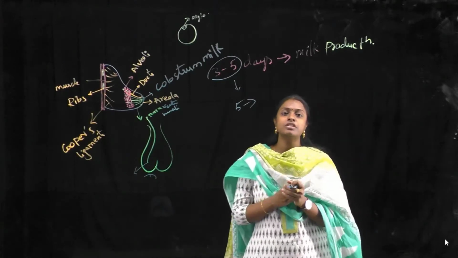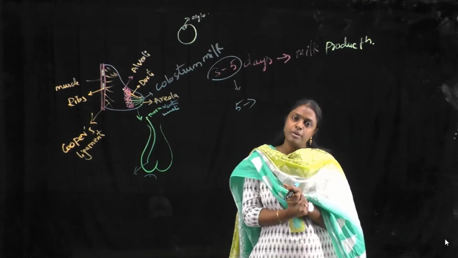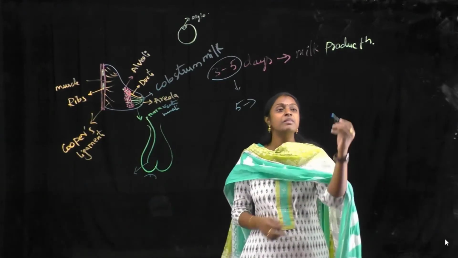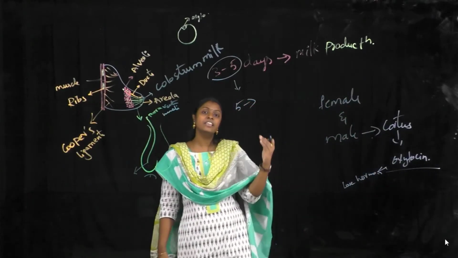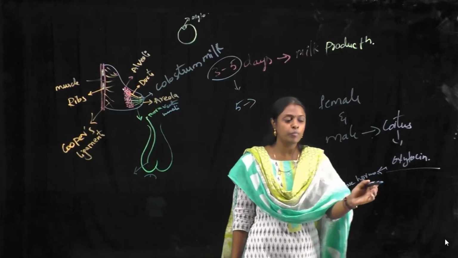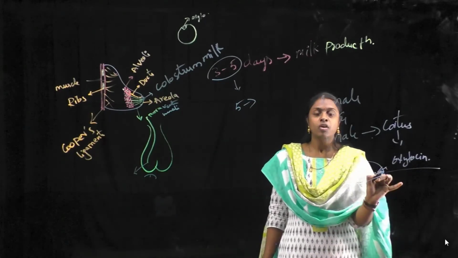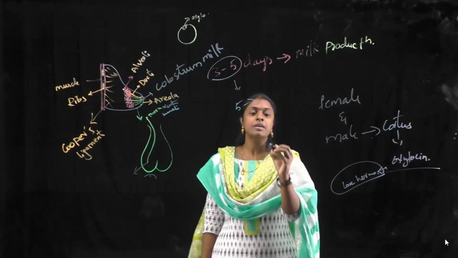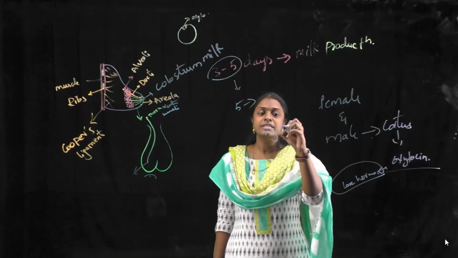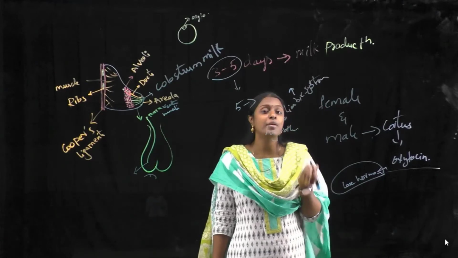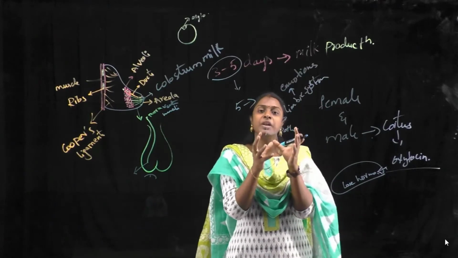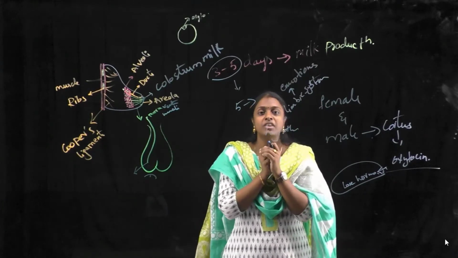Will this oxytocin be present only in females? No, it is also present in males. So both females and males secrete and release this hormone. So why is it called the love hormone? Because the hypothalamus is linked with the limbic system, which is the center of our emotions, especially the place where oxytocin is released.